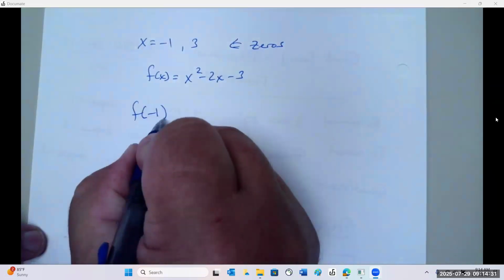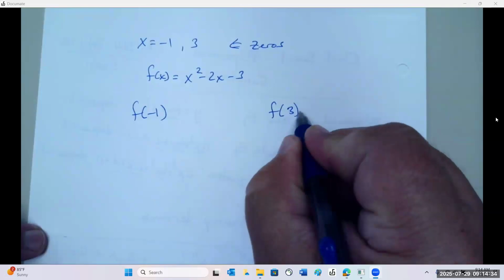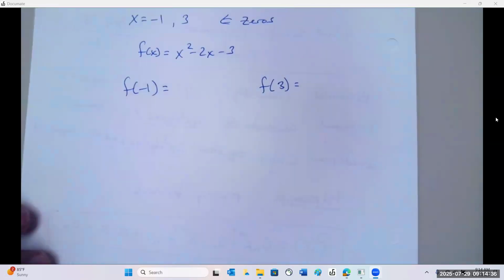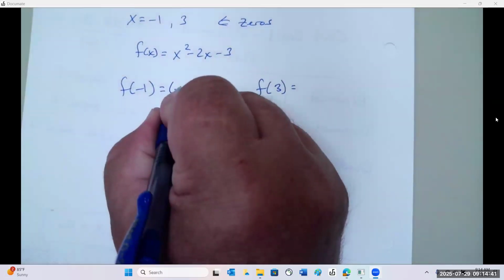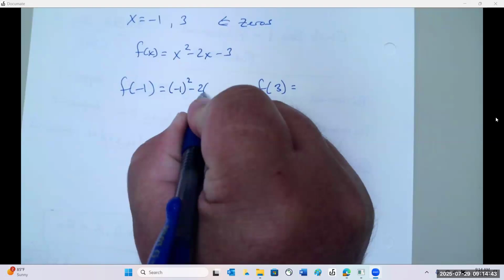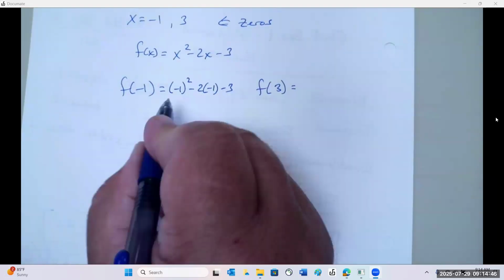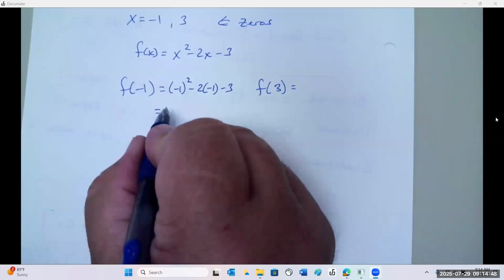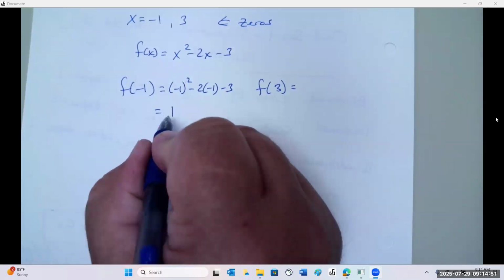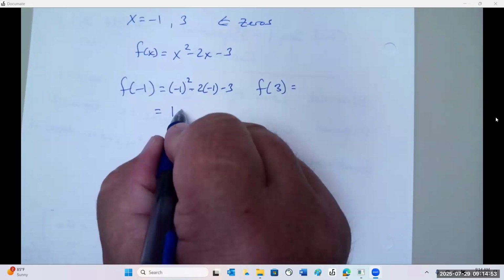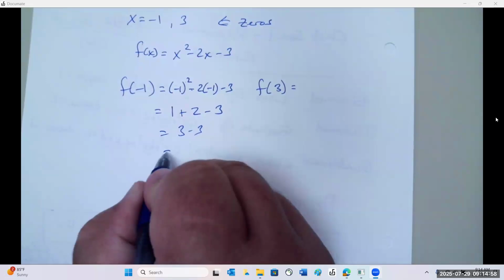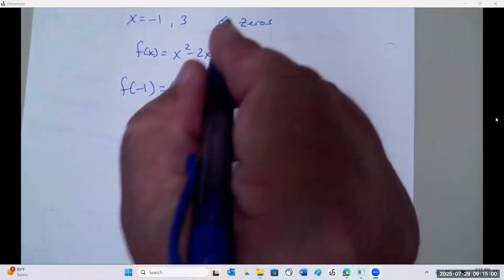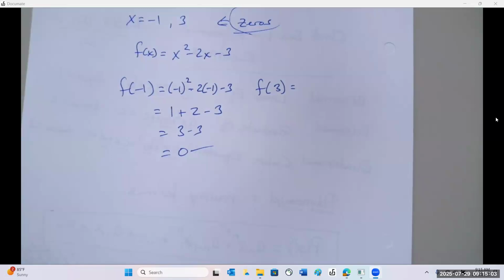If I put these in my equation, so -1 squared minus 2 times -1 minus 3. What is -1 squared? Right, 1. Negative times negative is positive. 2 times 1 is 2. It equals 0. That's a 0. It's the x value that makes my answer 0.